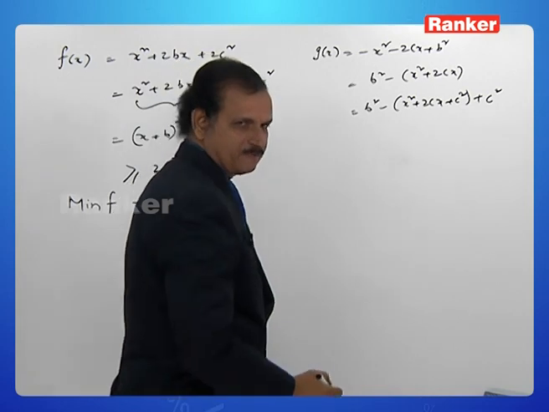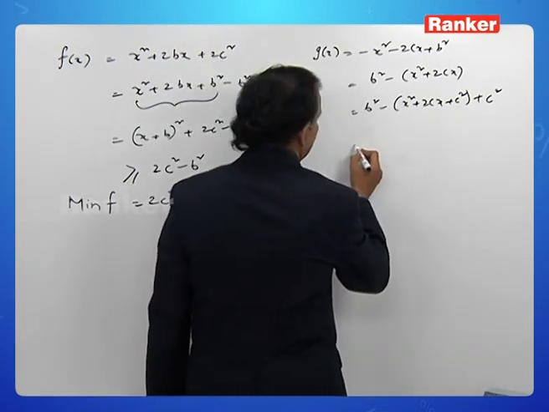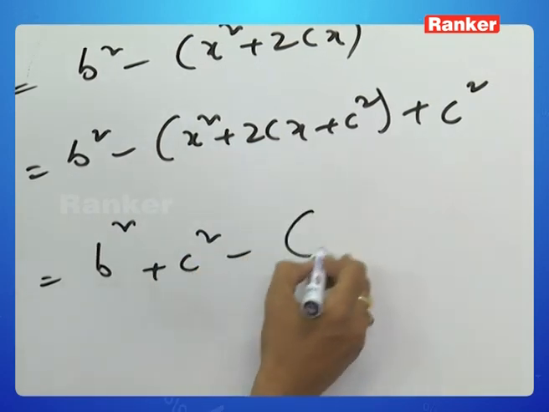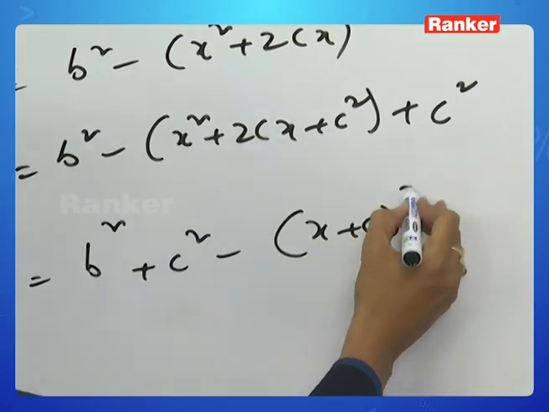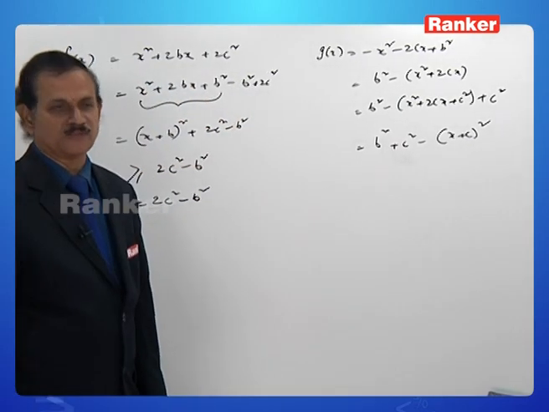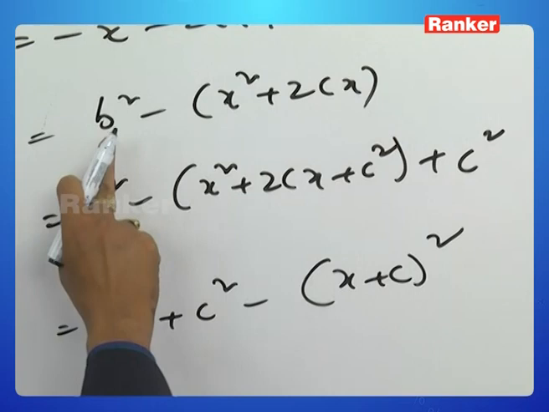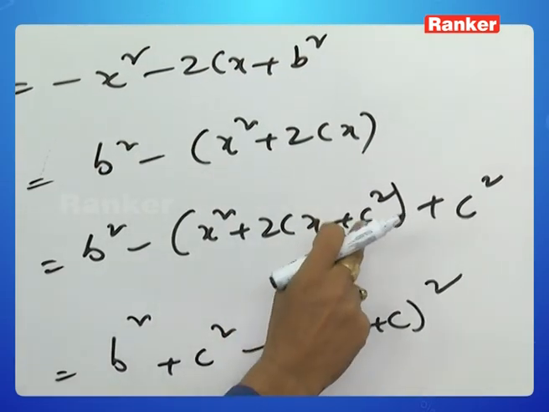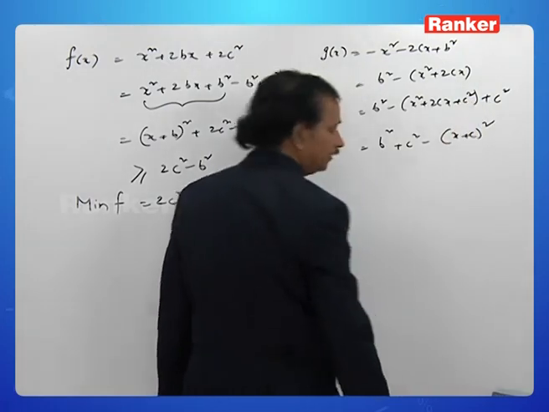It makes no difference and it makes no harm. So this is equal to b square plus c square minus of x plus c whole square.